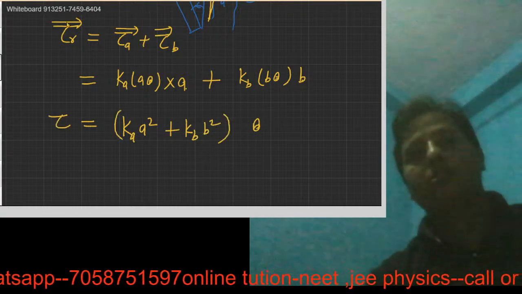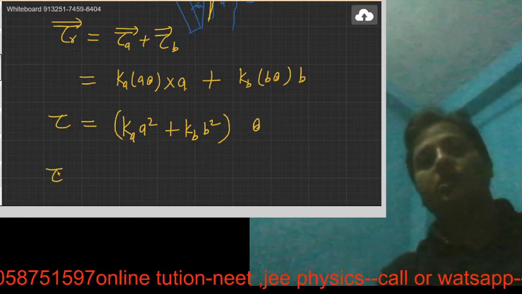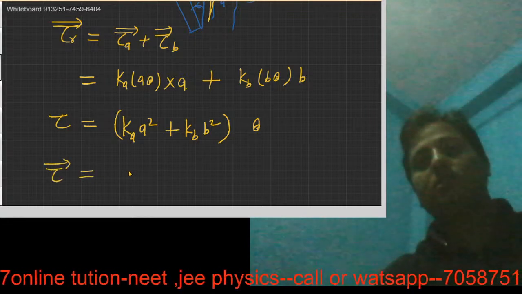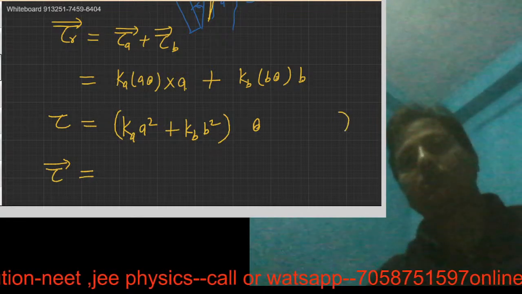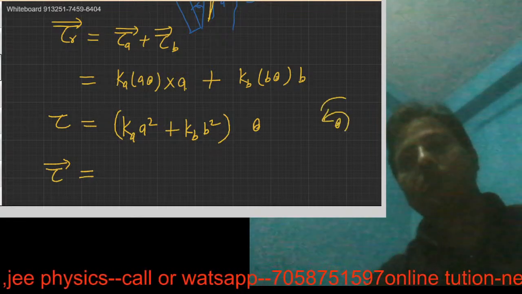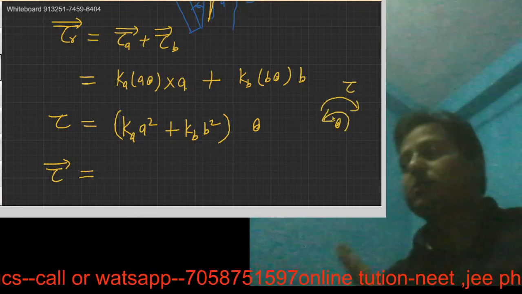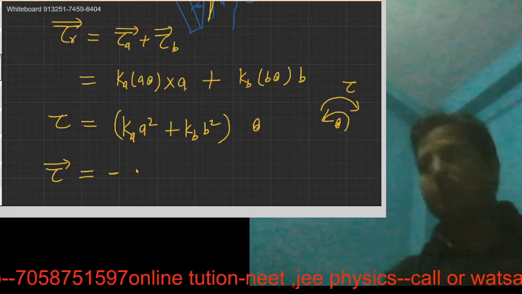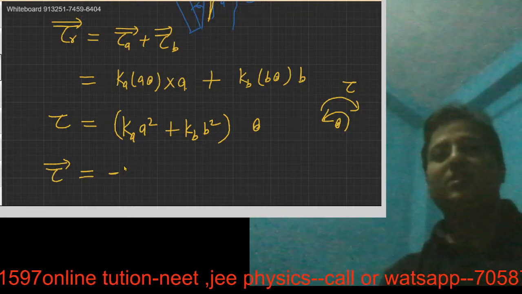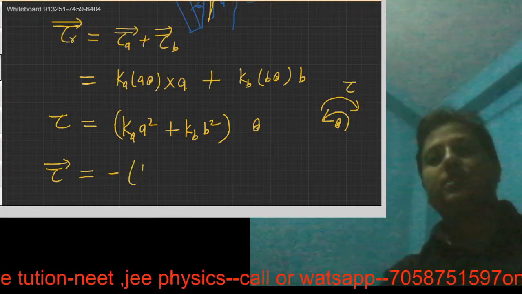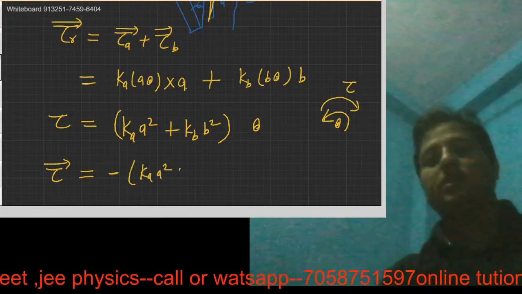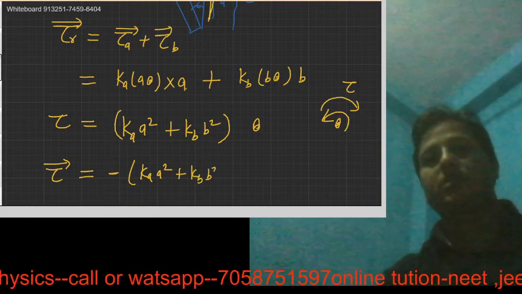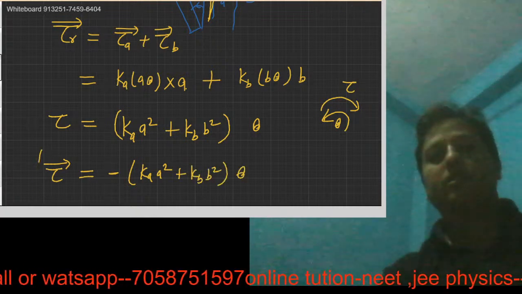This is the torque. Taking the vector form, with theta in this sense and the torque generated in this sense, the torque is minus Ka A square plus Kb B square into theta.